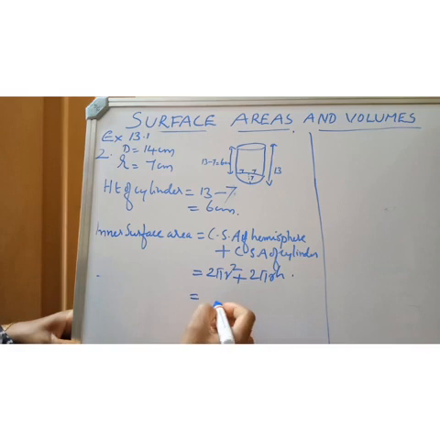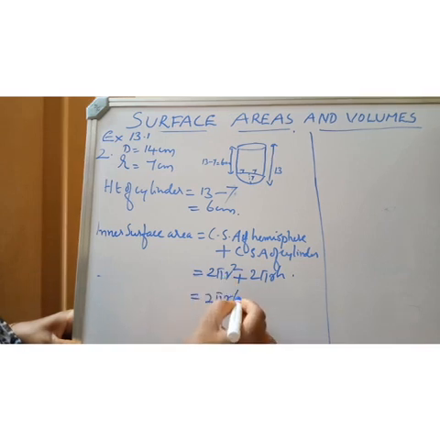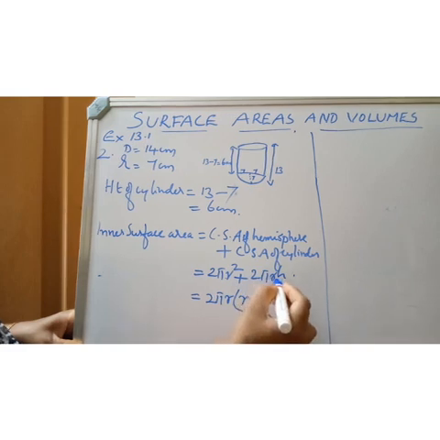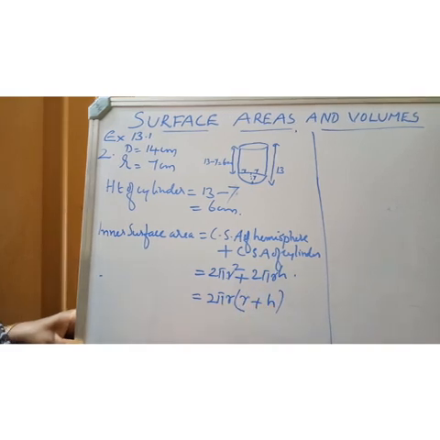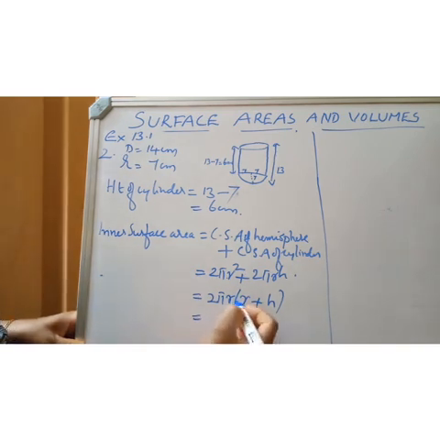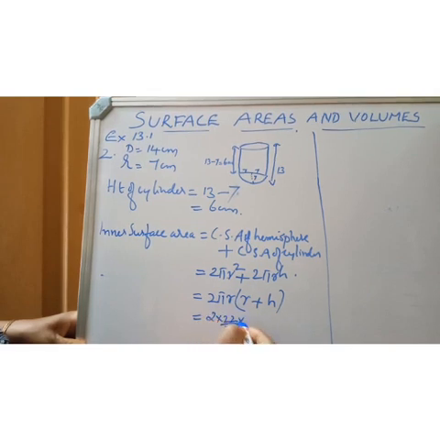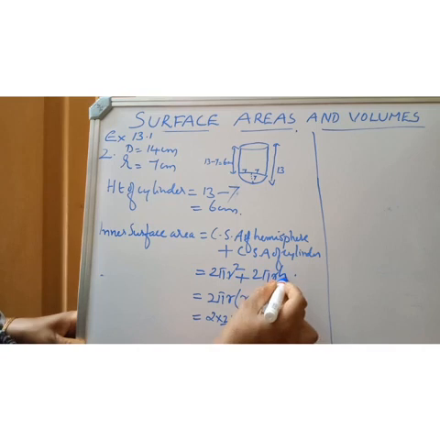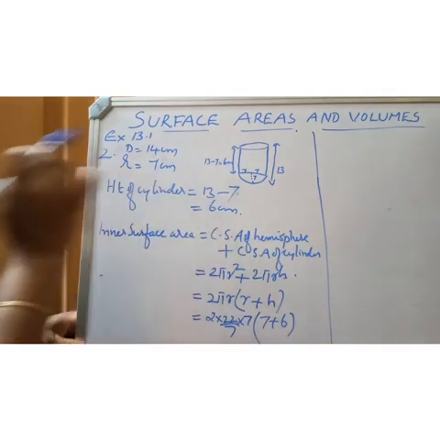So we can take that outside, 2 pi r into, here one r is there, plus h. That will be the total surface area, 2 pi r into h plus r. That is 2 into 22 by 7 into r, what is the radius r? 7, into r plus h, 7 plus h is 6. Because h is the height of the cylinder, that is 6 centimeter.